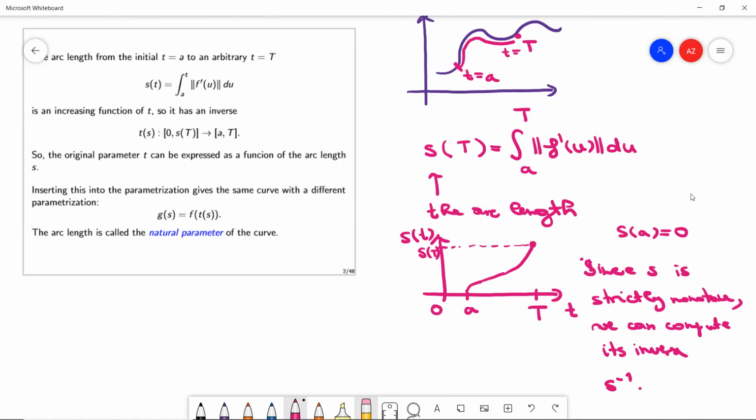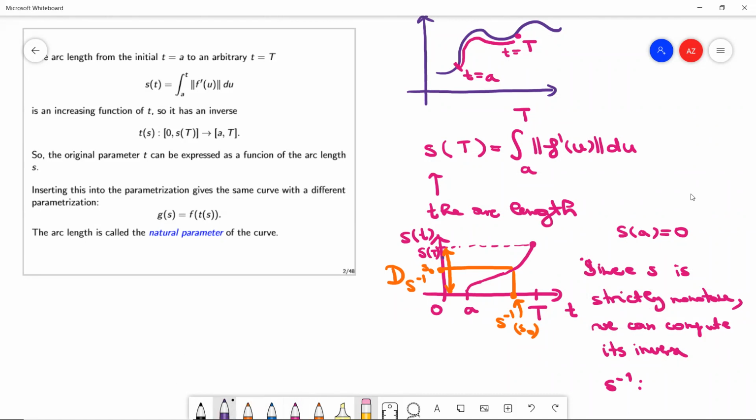And this will be defined on this interval here, the domain of s inverse. For example, if you take this point s naught in the domain, then s inverse of s naught will be this point, the corresponding t. And the same for the other points.